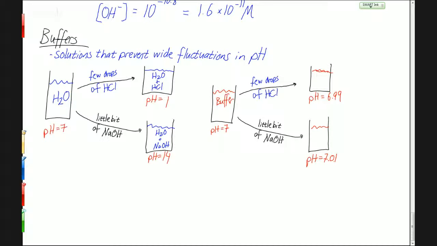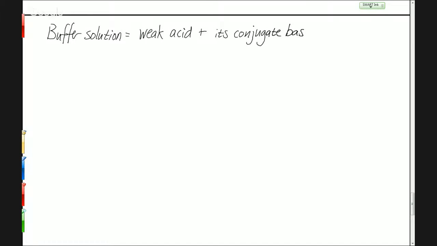A buffer uses this idea of a weak base or a weak acid. A buffer solution is made by mixing a weak acid and its conjugate base.